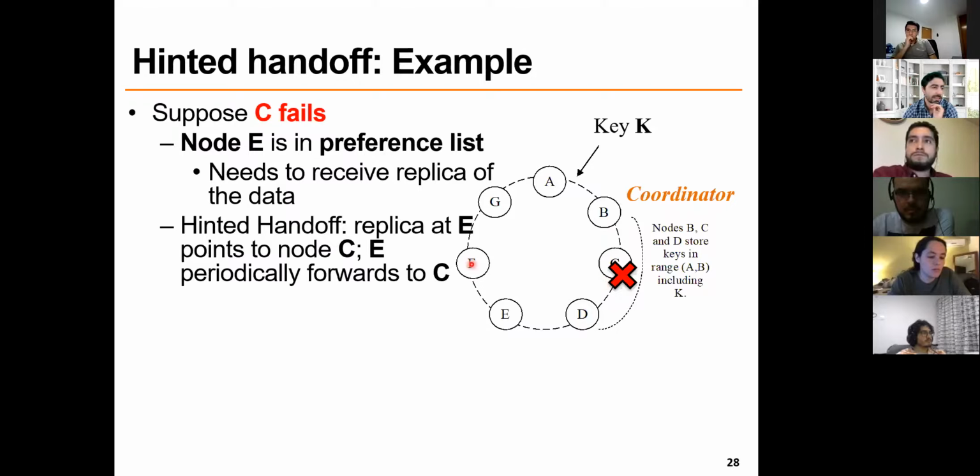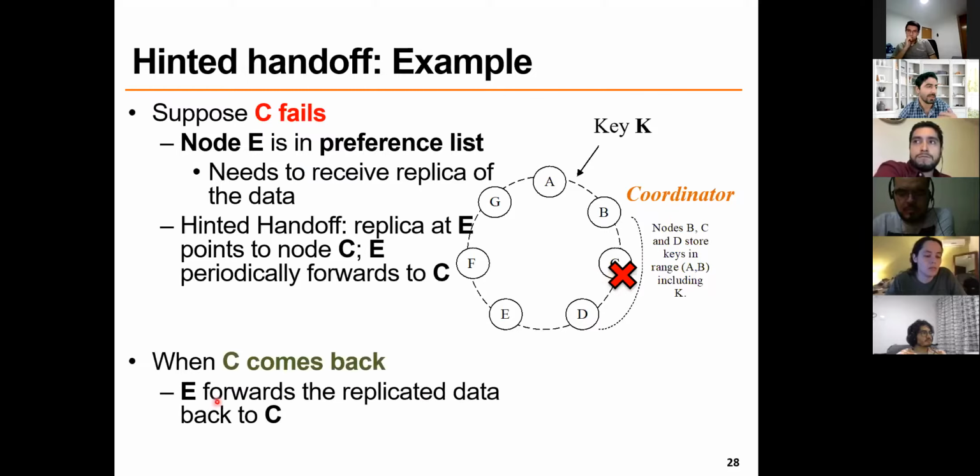So you do it in the next one, beyond those two nodes in the preference list. You do it in E, but you inform E that you're supposed to write this information to C. But C has failed, so you do the put operation in E and hint to E that the original recipient of this information is node C.